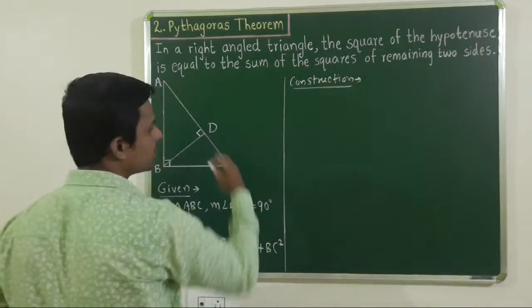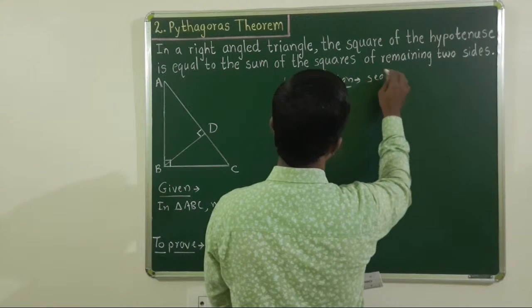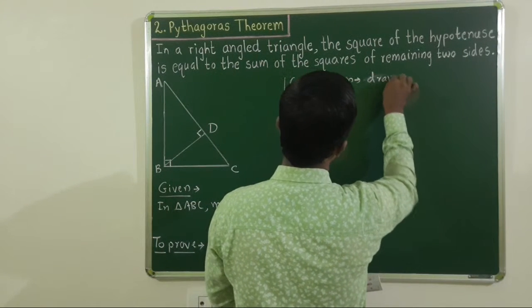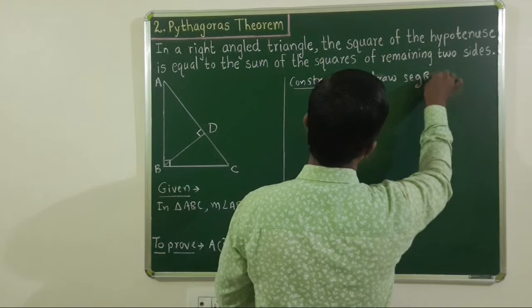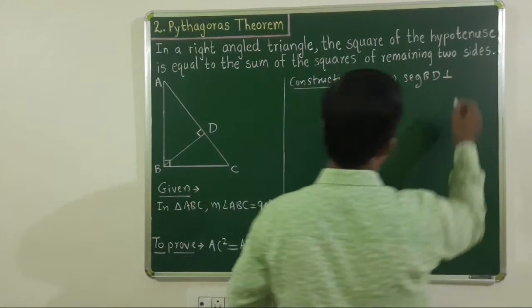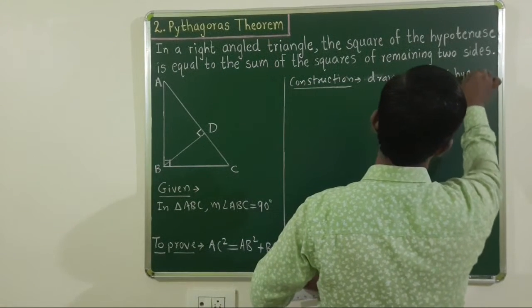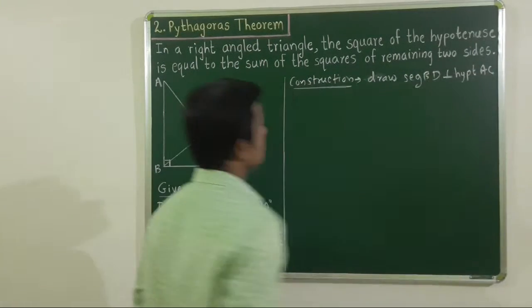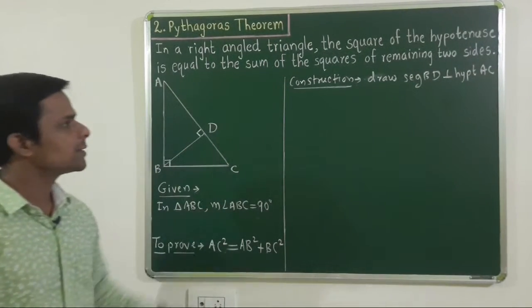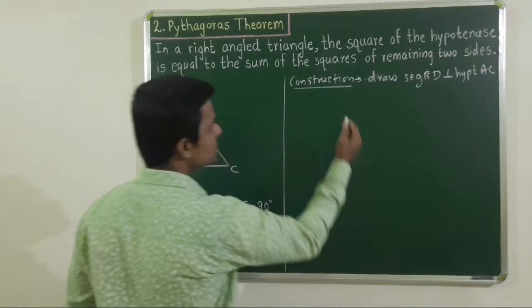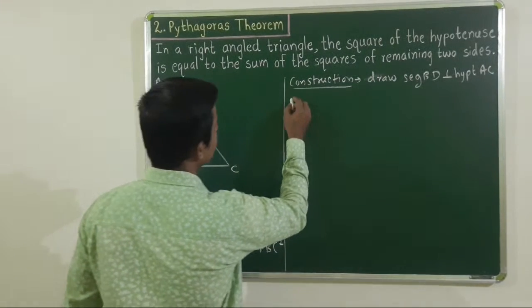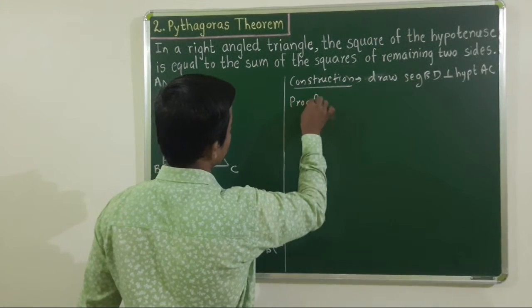Draw segment BD perpendicular to segment or hypotenuse AC. This is our construction. BD is perpendicular to hypotenuse AC. To prove this, we have constructed this segment BD. Now the next step is proof.